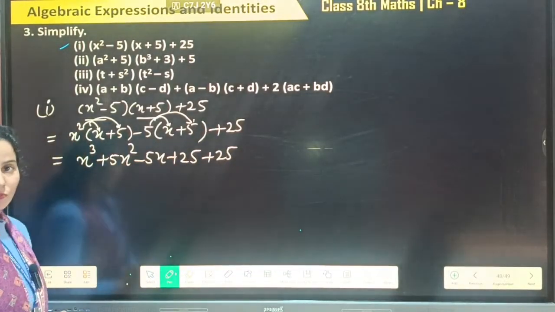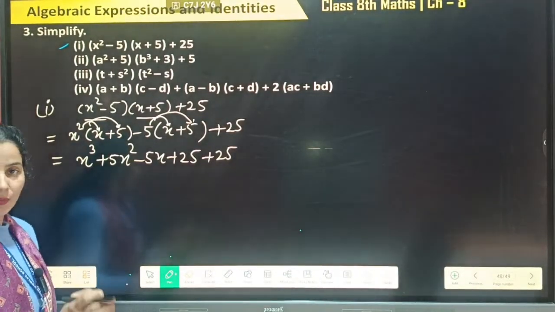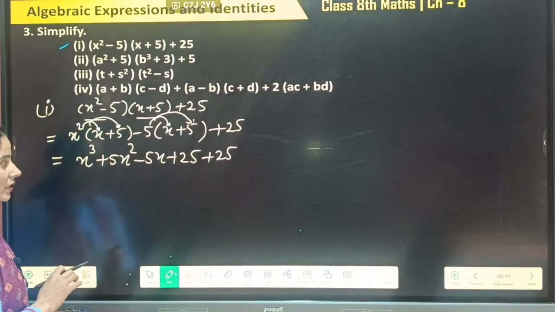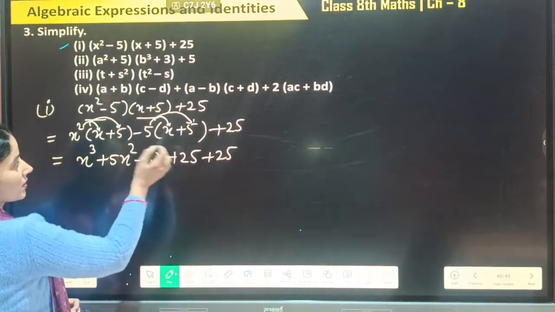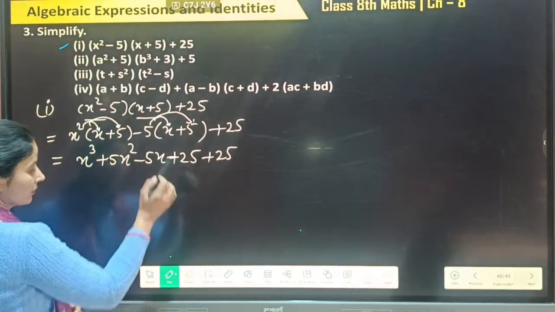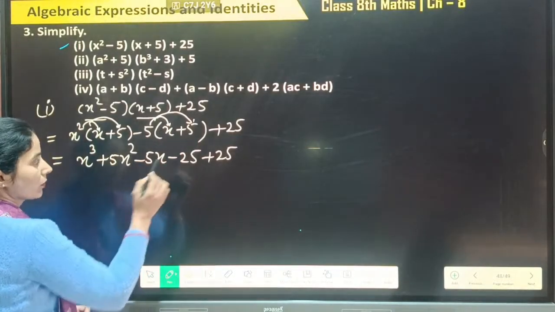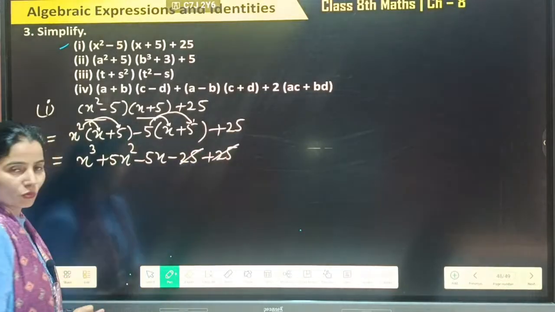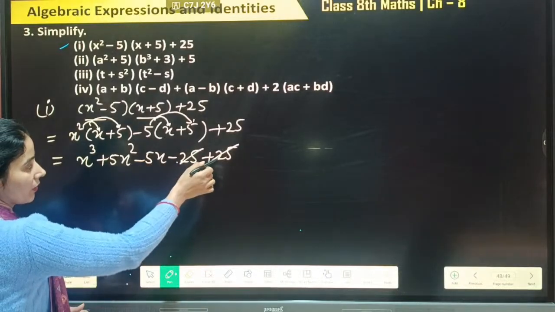After multiplication, what you have to do? We have to simplify. Let us simplify by combining like terms. Identify which ones are like terms. You will see minus and plus, it will be of minus. There you will put minus sign. So −25 and +25, these two terms are like terms and one is of negative and one is of plus.